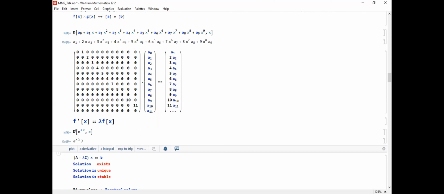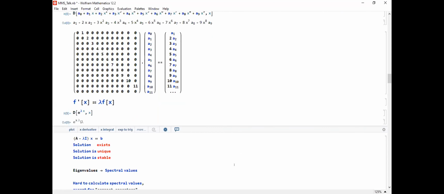If you differentiate e to the lambda x, the output is lambda e to the lambda x. So actually, differentiation does have eigenvalues, and those eigenvalues are not represented by this diagonal here. So there's this difference between what happens in the finite case and what happens in the infinite case.